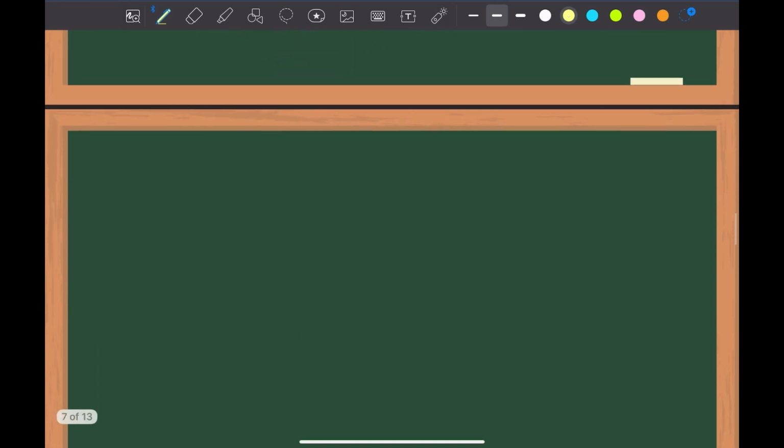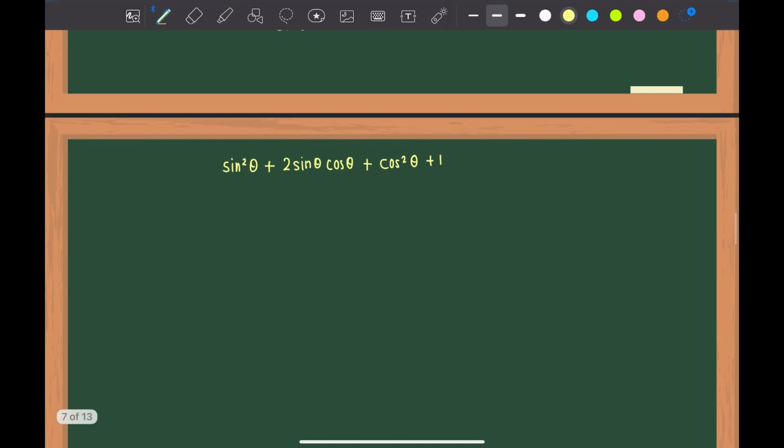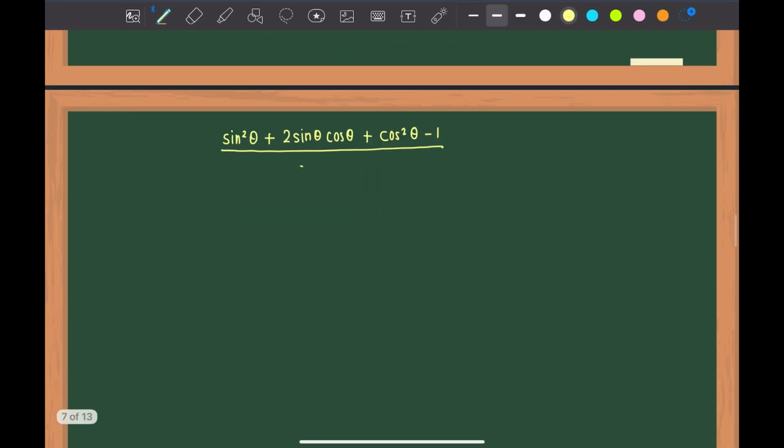So in the next step, it can be written as sine square theta plus 2 sine theta cos theta plus cos square theta minus 1, whole divided by simply sine theta multiplied with cos theta.